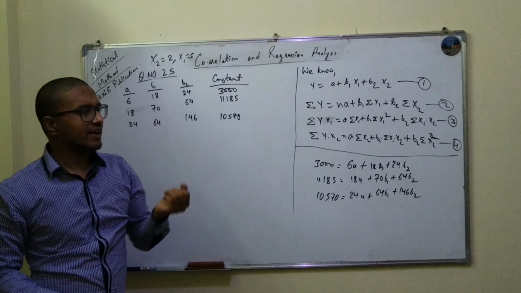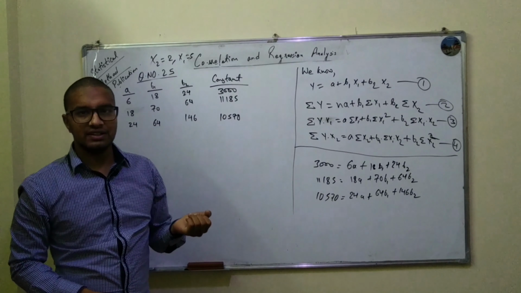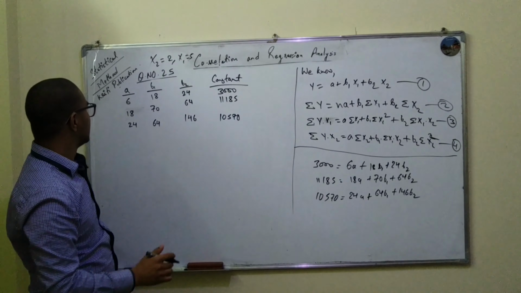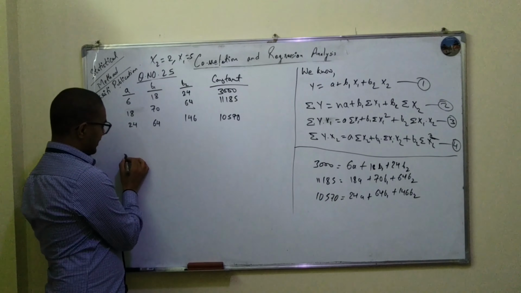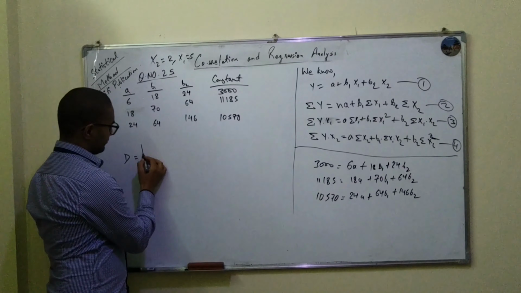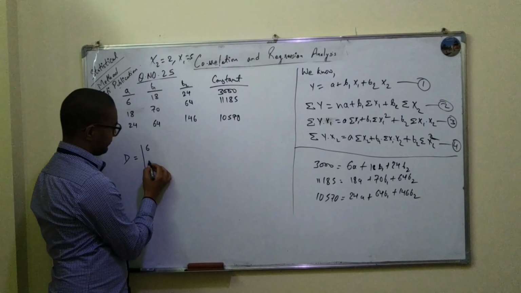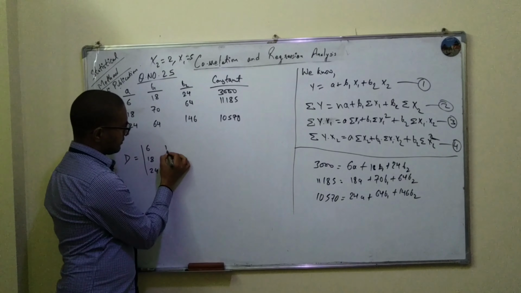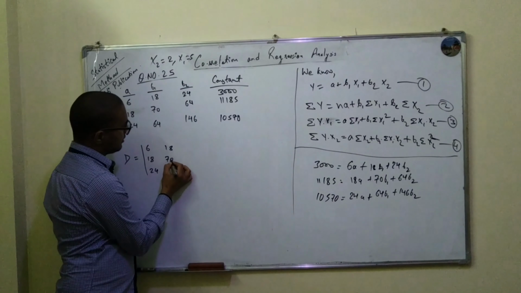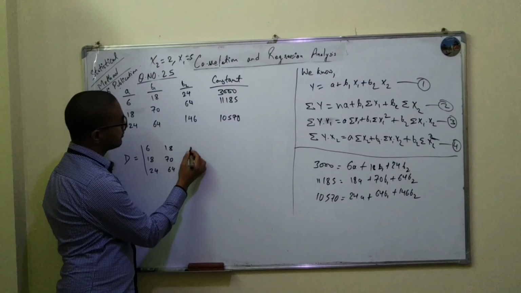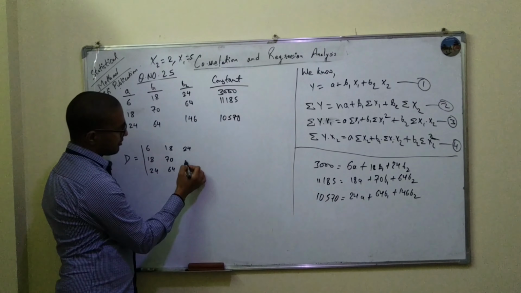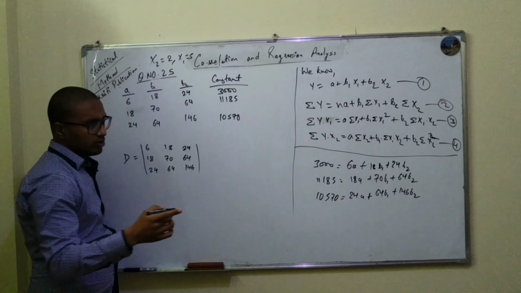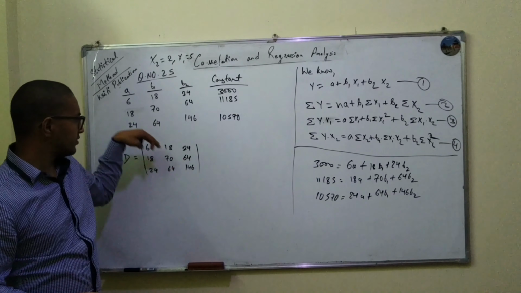How can we find A? In this case, A is delta 1 by delta 2. So what are the deltas? The first delta is 6, 18, 24, 18, 70, 64, 24, 64, 146.